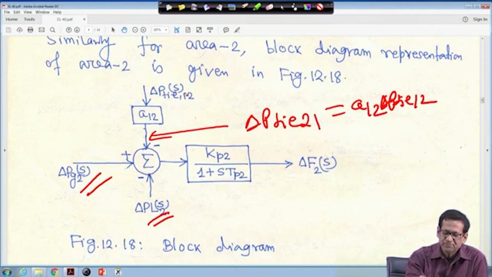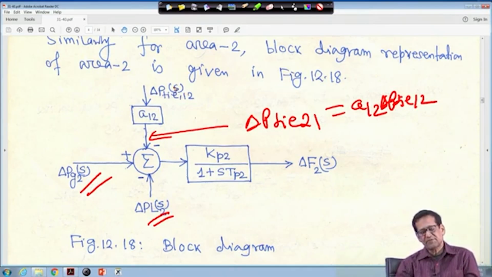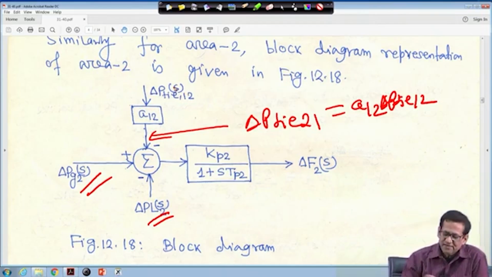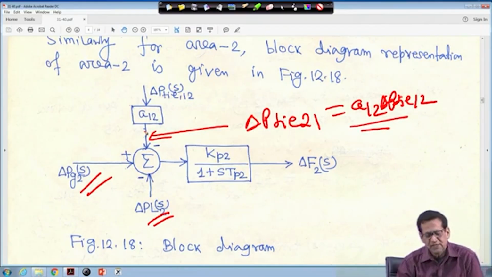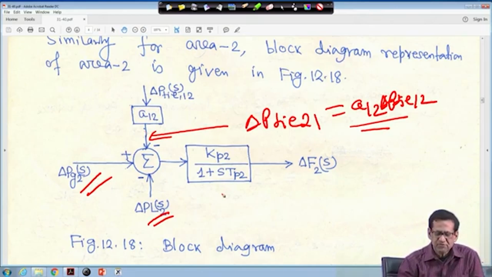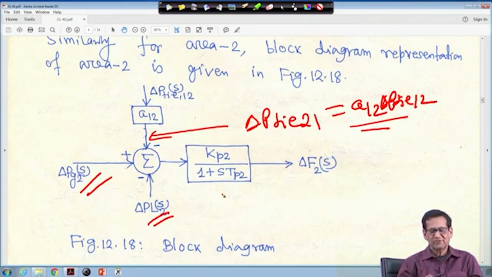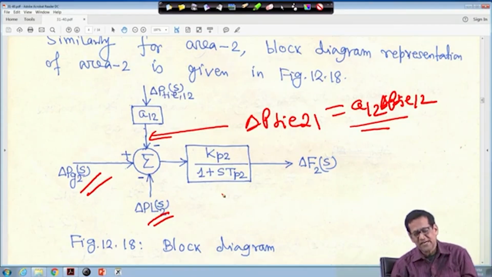We have put it because we are writing in terms of the Laplace operator. This is delta P tie 2-1 is equal to A12 into delta P tie 1-2, that is why A12 is written here, into Kp2 upon 1 plus sTp2. So, this is the block diagram representation of the power system side.